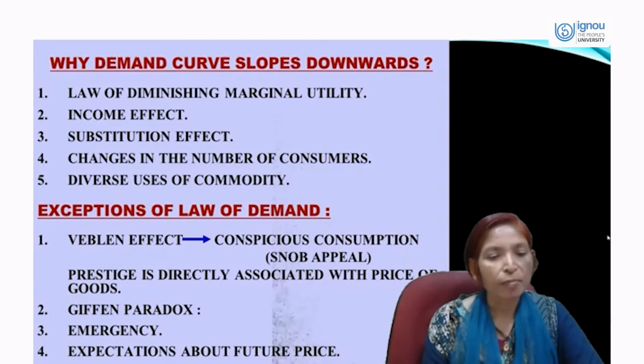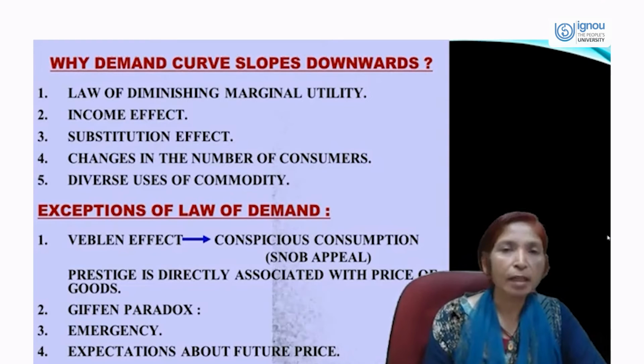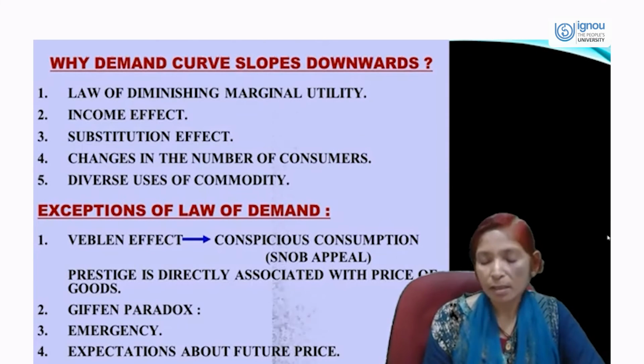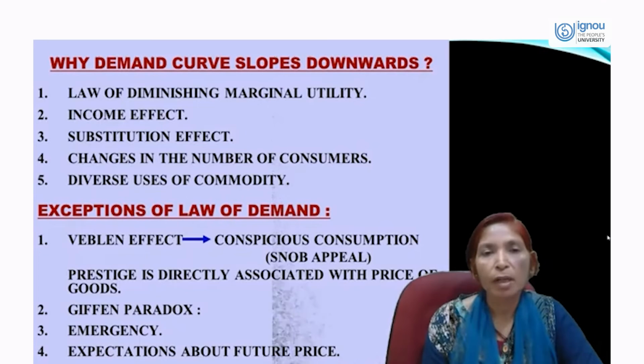And fourth is expectations about future price. If we expect that in future price will rise, then at present, whatever price is prevailing in the market, we will demand more goods and services. So these are known as exceptions of the law of demand.